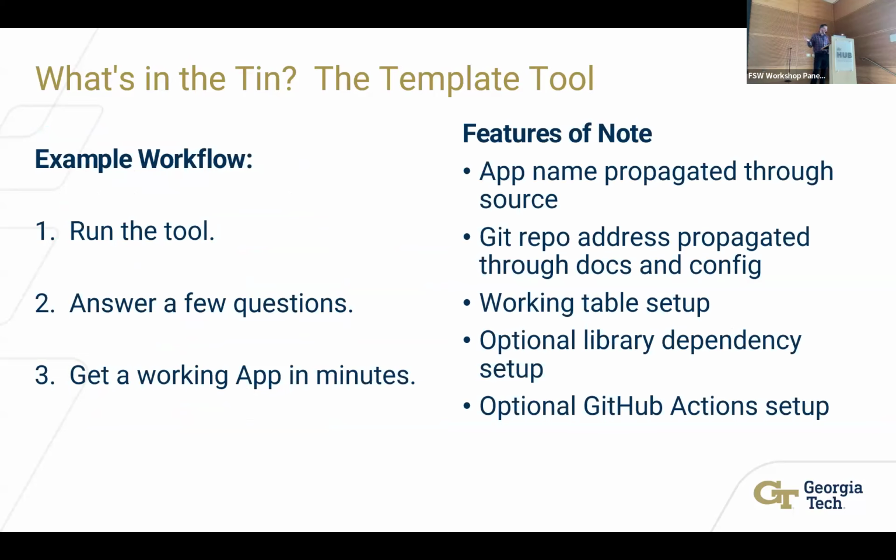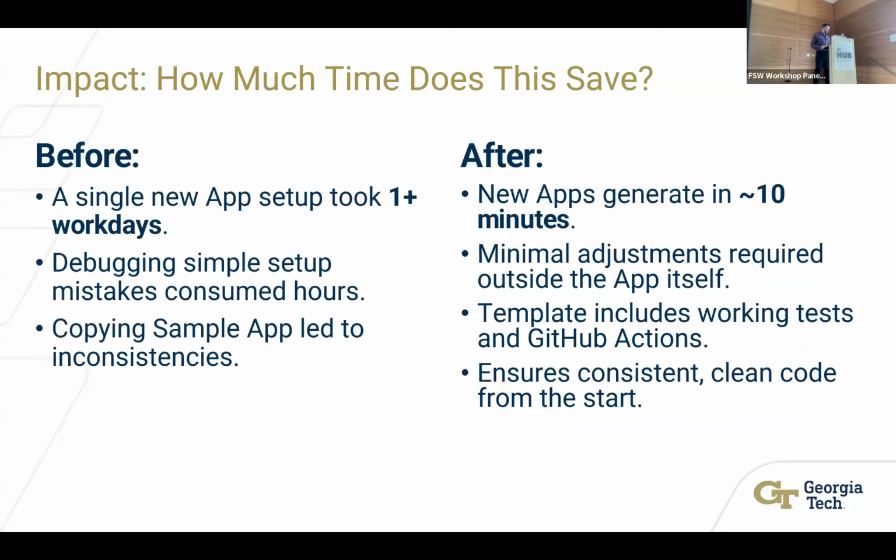Some features of note: the name gets propagated through the source. It sets up your Git repo and actions, at least the basic ones that you would get from the sample app. So how much time does it really save? It was saving me a whole workday.